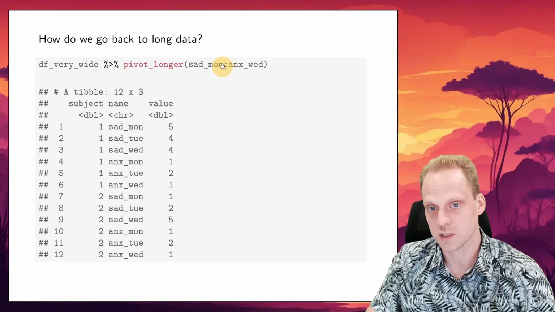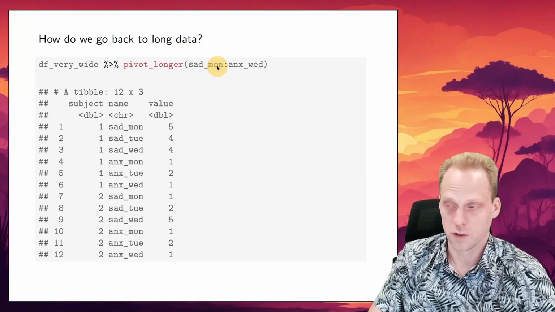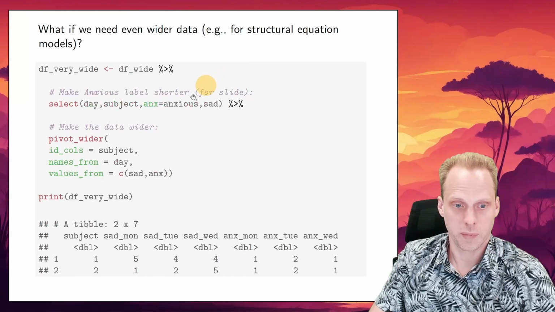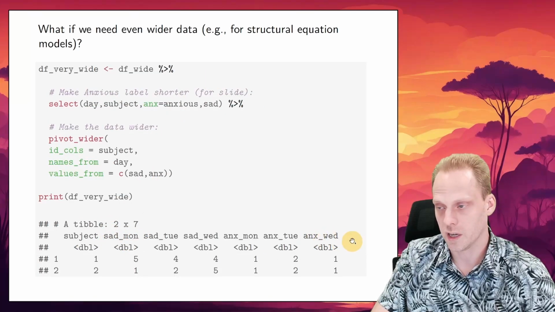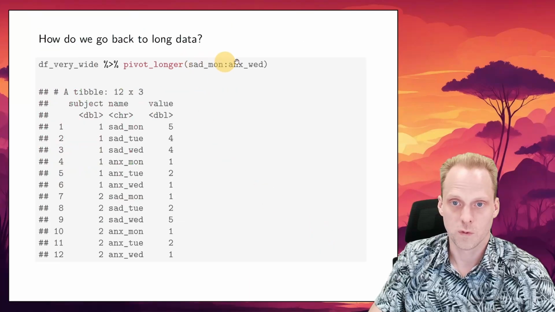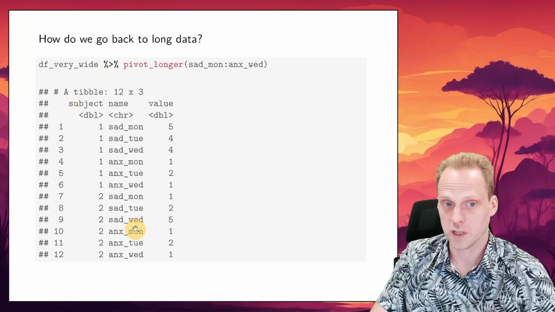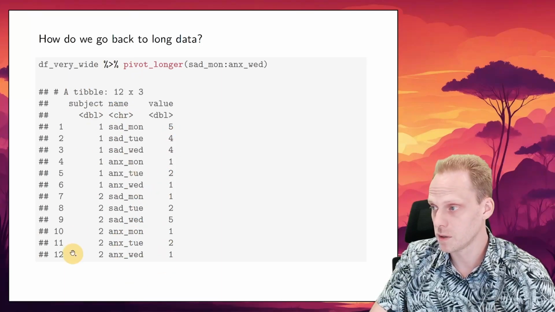That's what this notation says here, this column notation, from the variable sad_Monday. And actually, we have to go back now to this slide. So this is the first one here to the last one here, angst_Wednesday, which is this one here. It does the rest automatically by itself. So it makes a new variable for the variable name, the value, and the subject.